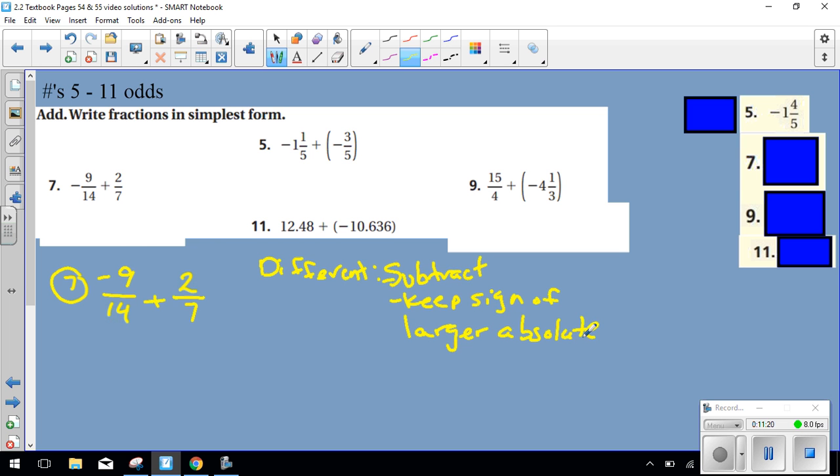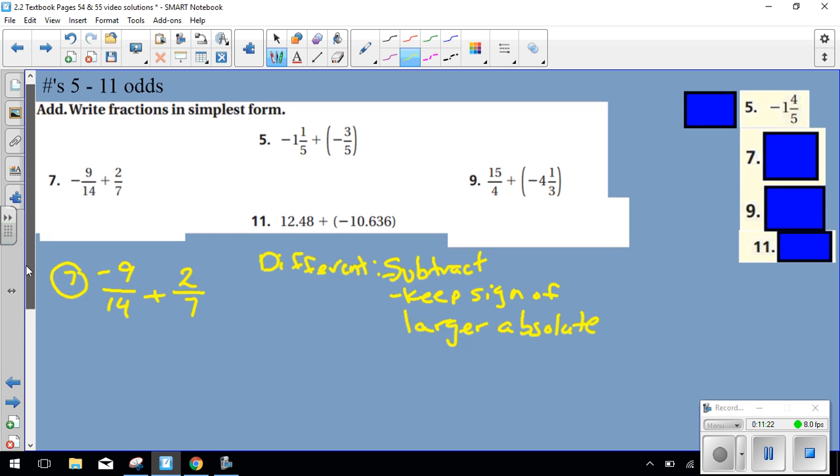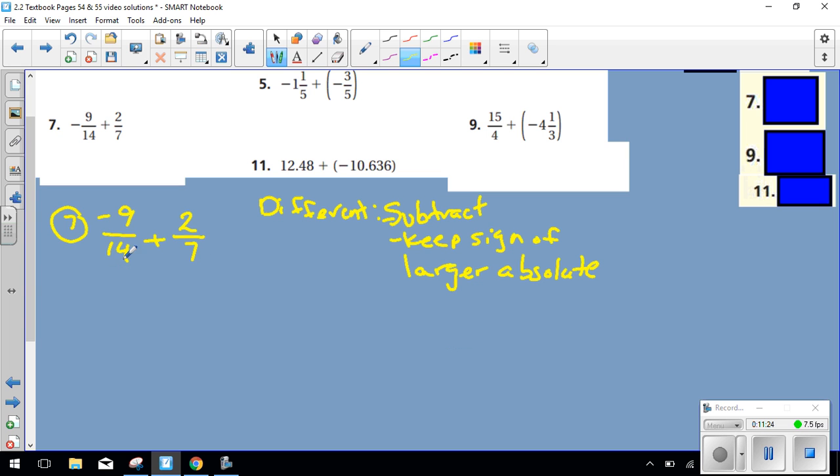Okay, the only thing we have extra in number 7 is that the denominators are different. So I like to start with the smaller number and start counting by 7. So 7, 14. So my common denominator is 14. Since there's a negative here, I'm just going to carry that over.